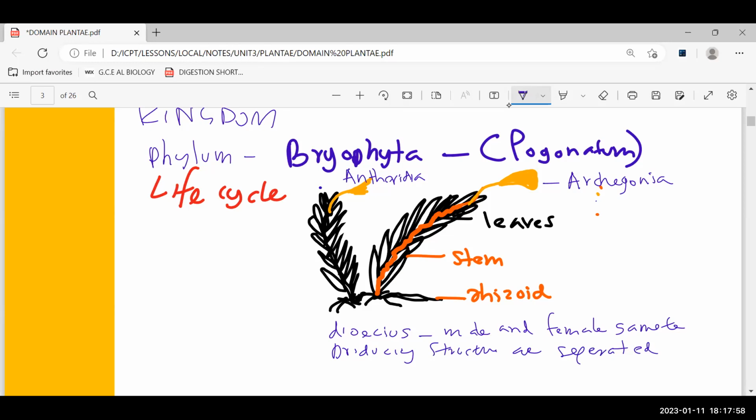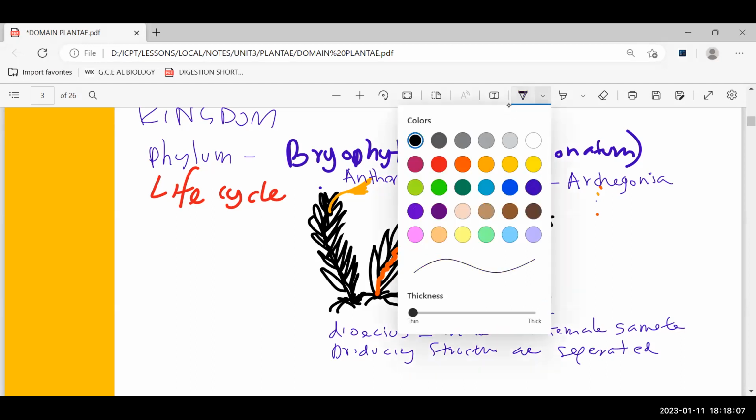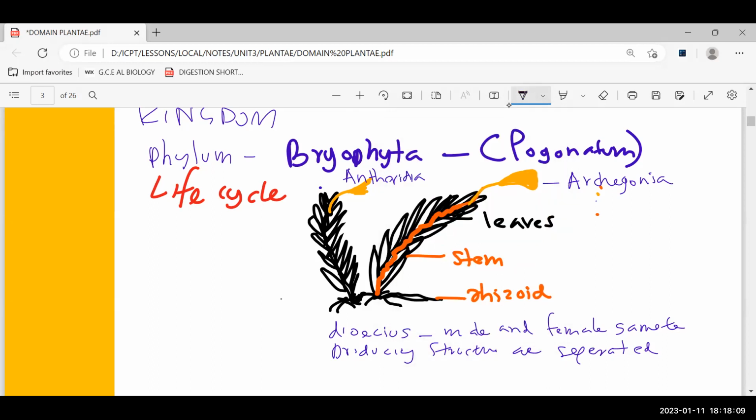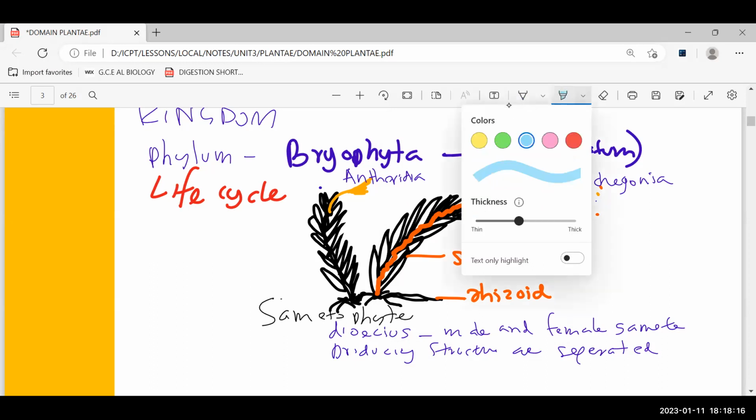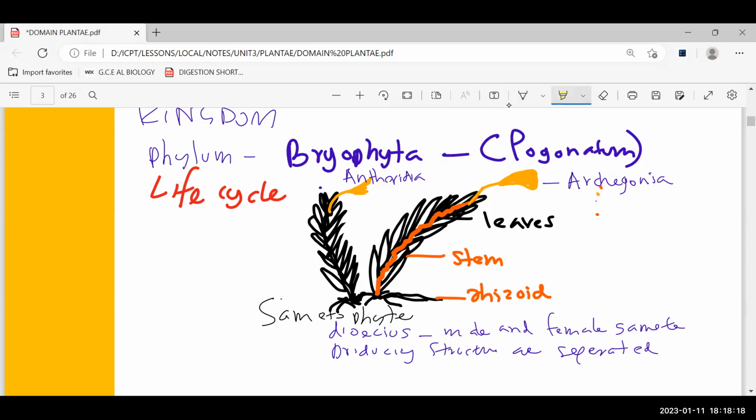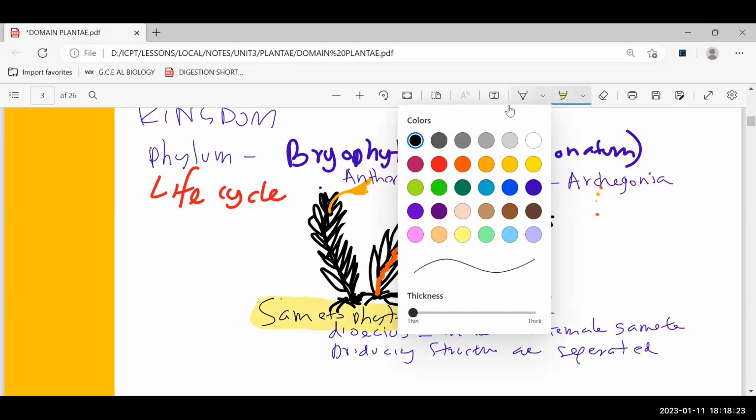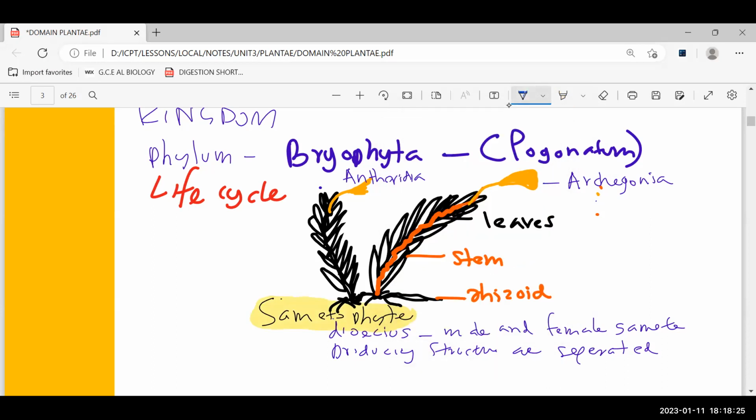So antheridia are in one structure, the other one has archegonia, and importantly, this stage is the gametophyte stage. So that is a little bit of a surprising thing. The gametophyte stage, the gametophytes, they are dominant and photosynthetic.